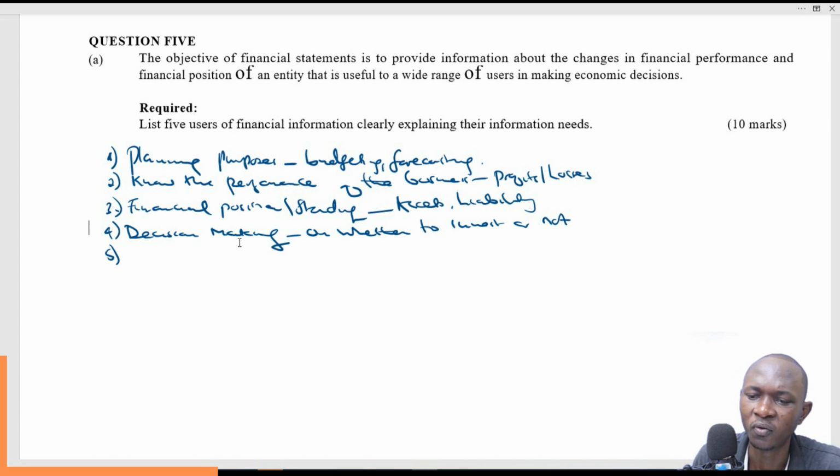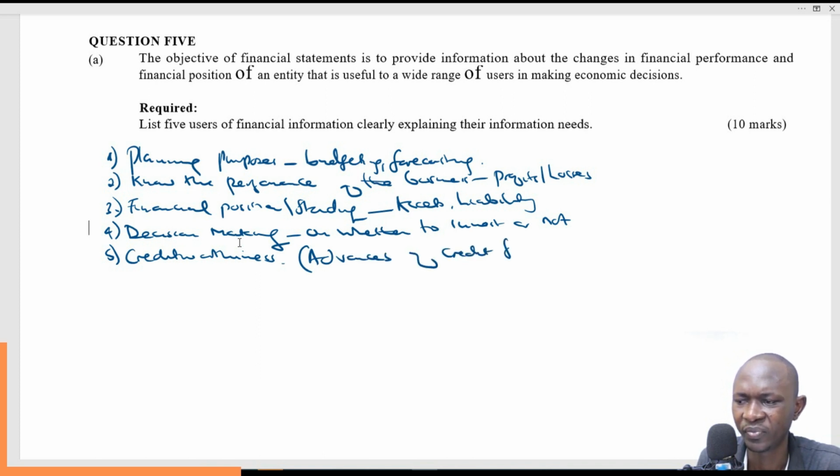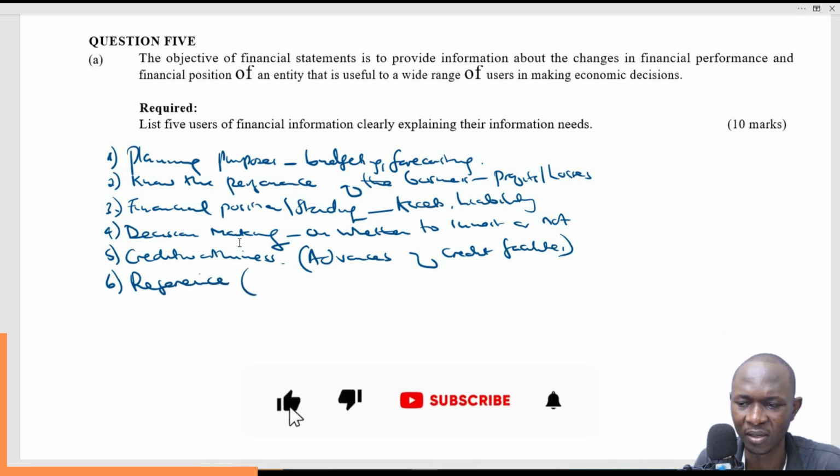It's also used for appraising creditworthiness, the credit position, if the firm is suitable to be advanced a credit facility or not. It's also used for references, for record keeping.